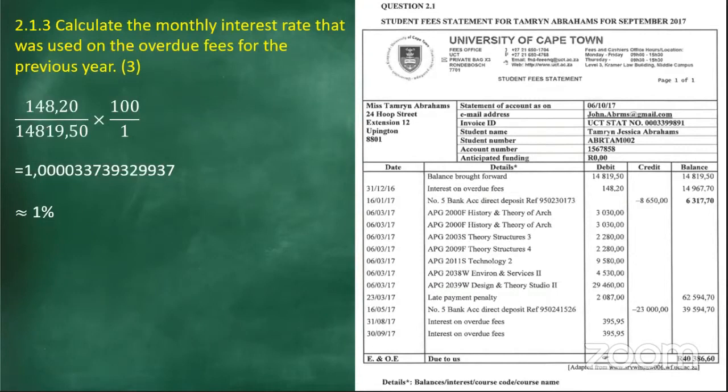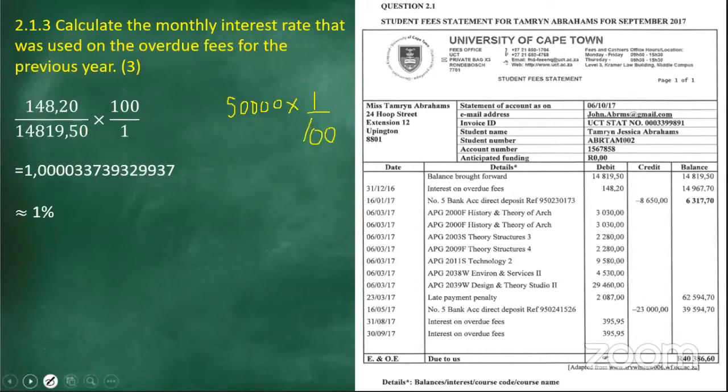So if you were owing 50,000 rands, they would work out 1% of 50,000 rands. It would be the 50,000 rands multiplied by 1% to find the exact rand value that needs to be charged on your account.